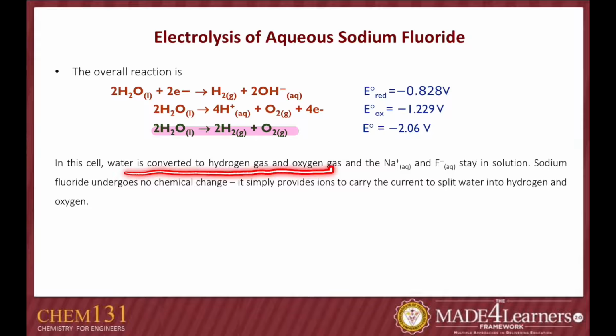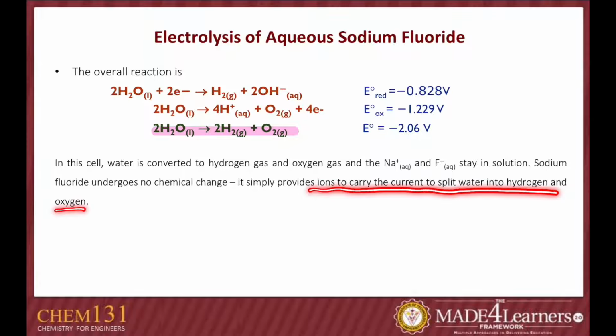What will happen to the sodium and the fluoride ion? They stay in the solution. Wala siya ni undergo og chemical change. So unsay nahitabo diri is gigamit lang si sodium fluoride to provide ions to carry the current to split water into hydrogen and oxygen. Gigamit lang si sodium fluoride para mo separate si water into hydrogen and oxygen.